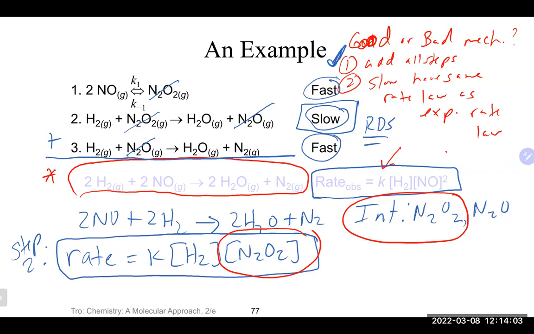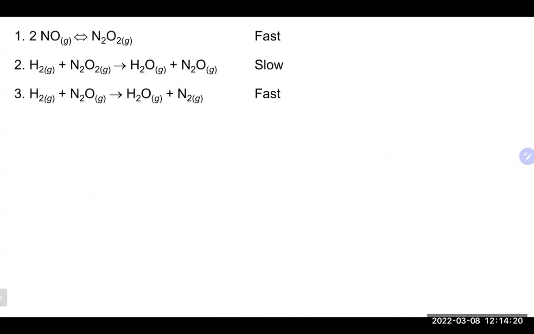So our goal at this point is we want to do a little bit of manipulation to get rid of the intermediate here in our rate law and do like a substitution. So how do we go about doing that? We go about doing that by using the other steps. So here's the steps again.